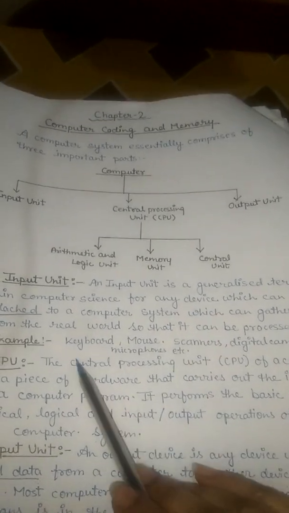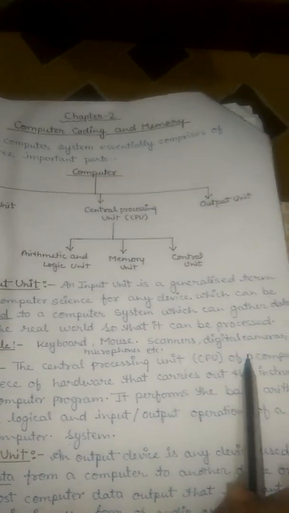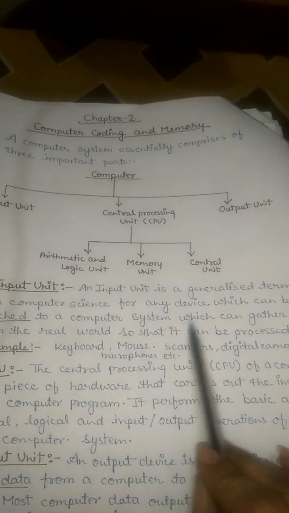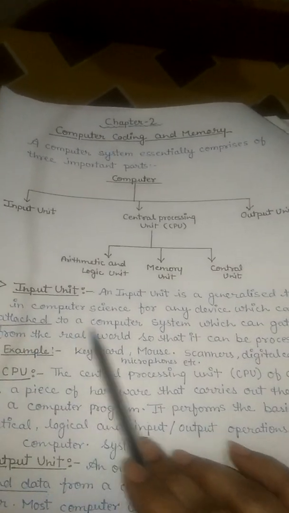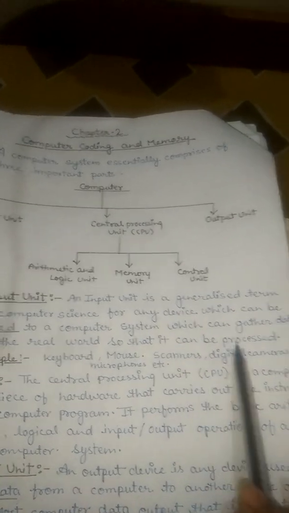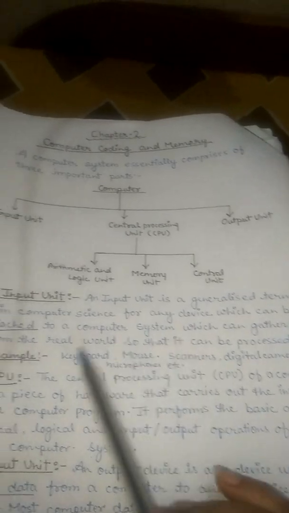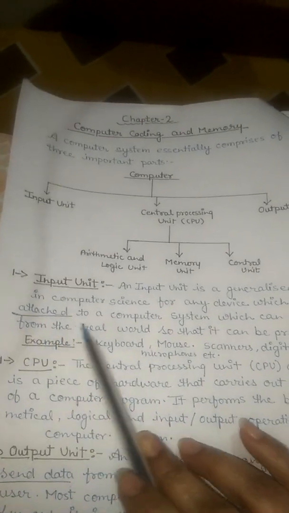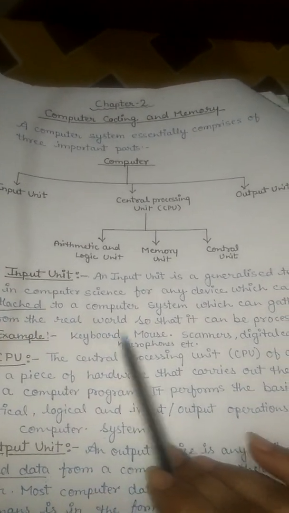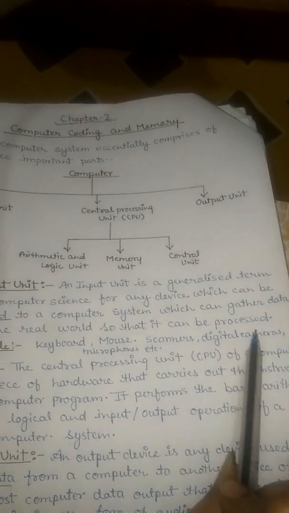Any device like a keyboard, mouse, scanner, or digital camera, which can be attached to the computer system, can gather data from the real world so that it can be processed.